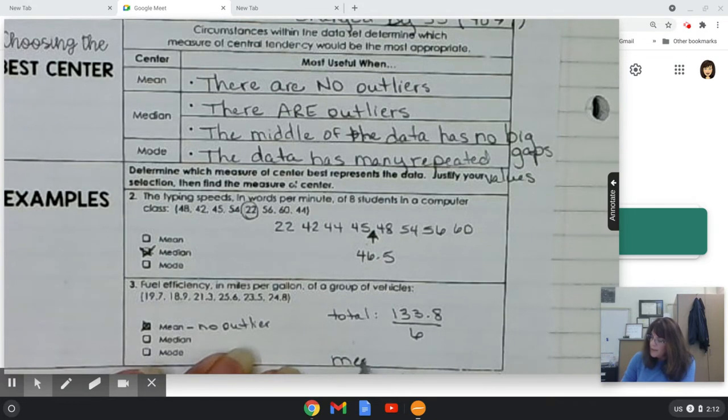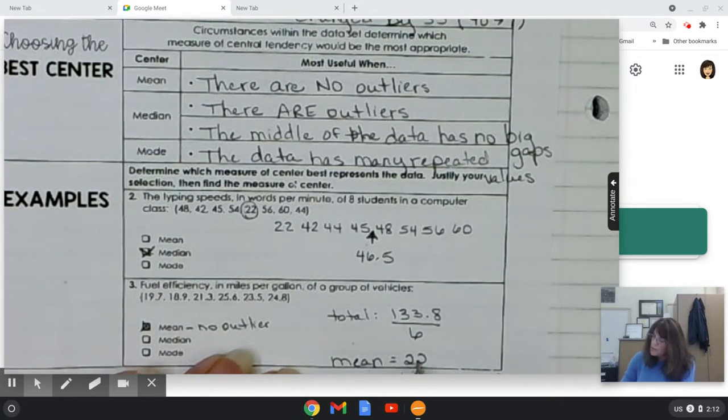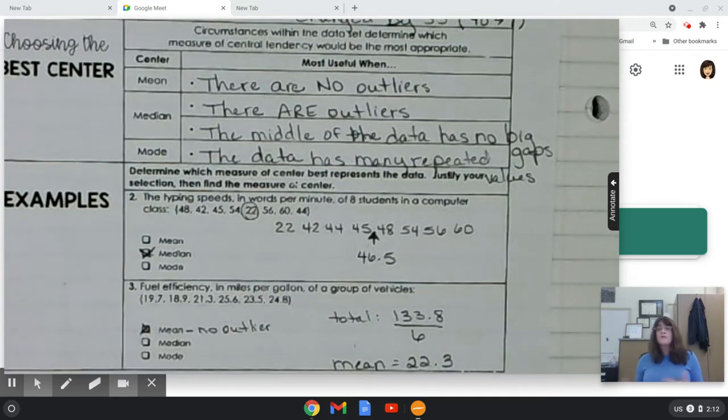So my mean is 22.3 miles per gallon. So if I went home and said, hey, I was looking at cars and it looks like the average miles per gallon I can expect to get in this kind of car is around 22, that's an accurate statement. I could do better, I could do worse, but it's really nice and accurate.